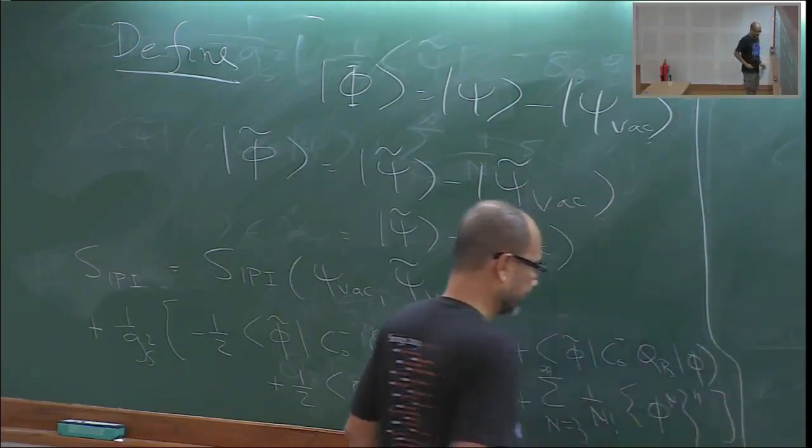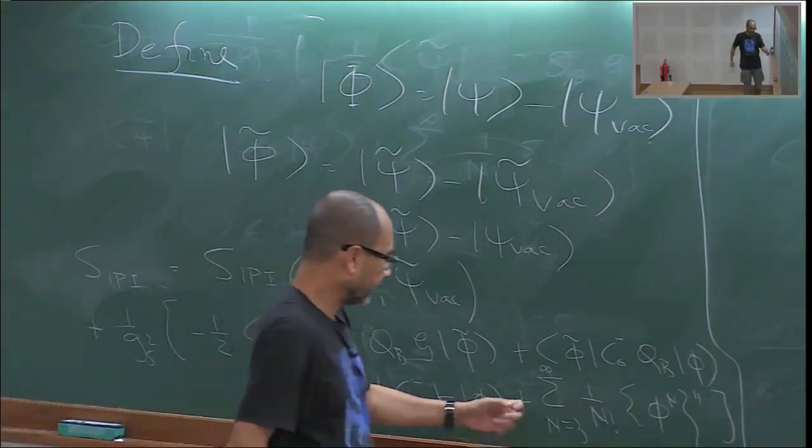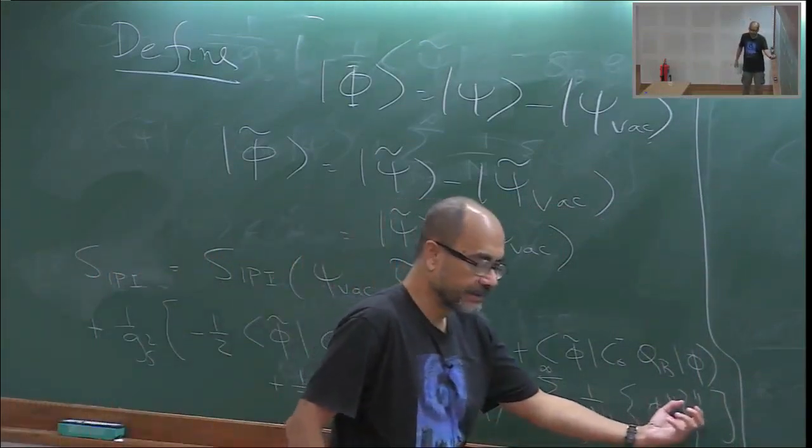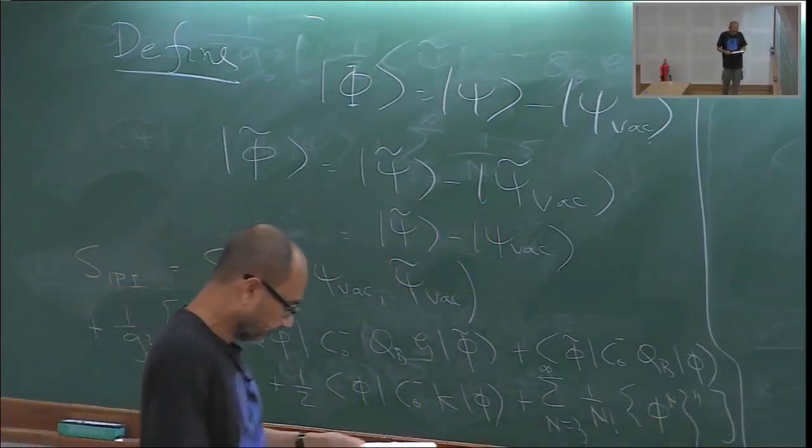Okay, so we can see two new quantities here. One is K, which is an operator, and one is this double prime bracket. So I'll write down the definitions of these objects.